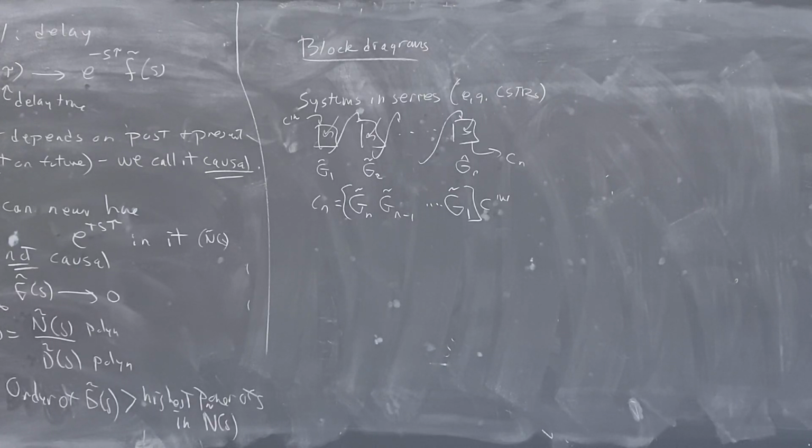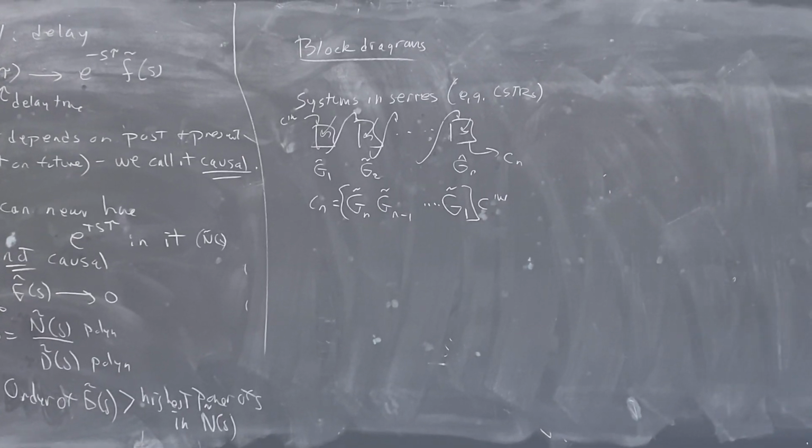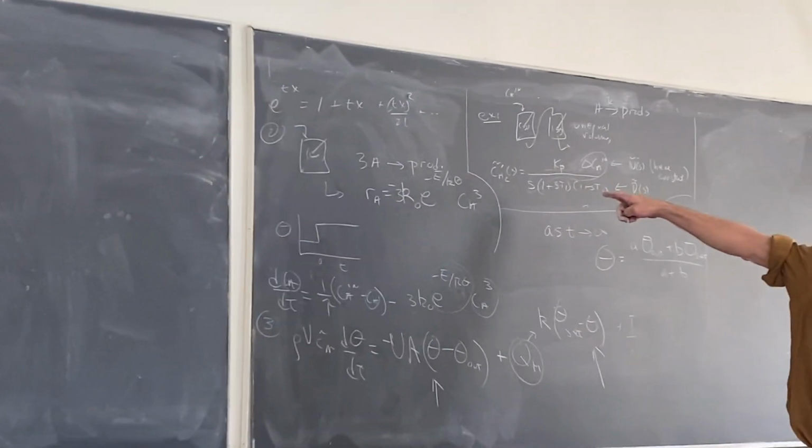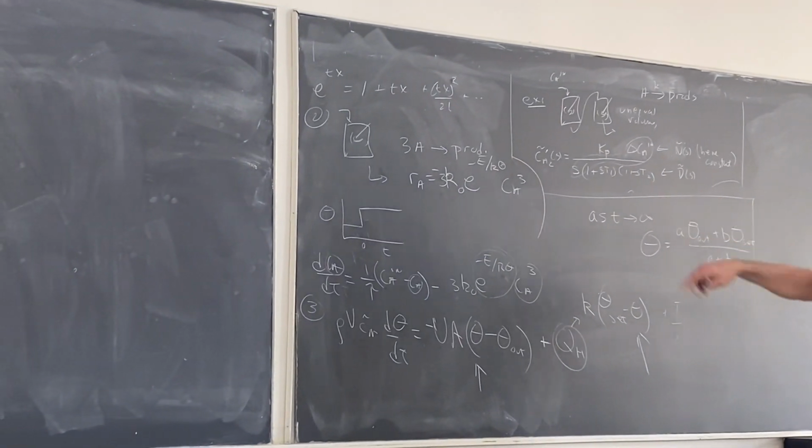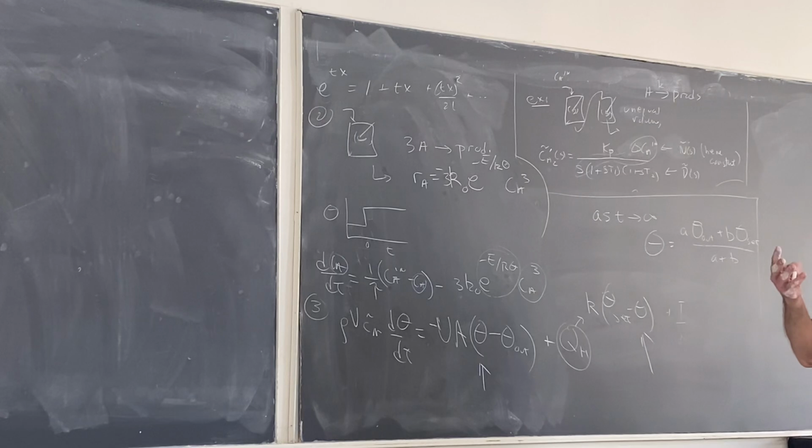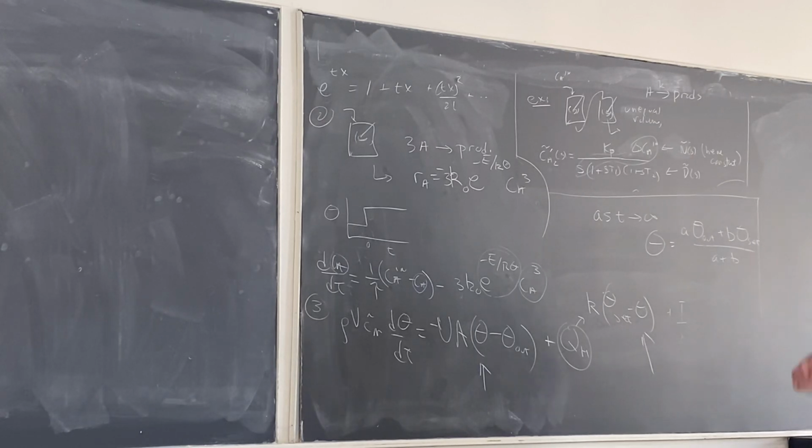There's no CA1 here. I was able to eliminate it because this thing is in fact the product G1 tilde times G2 tilde. And we already spoke about the steady state gain. The steady state gain, we said, was G tilde at s equal to 0.